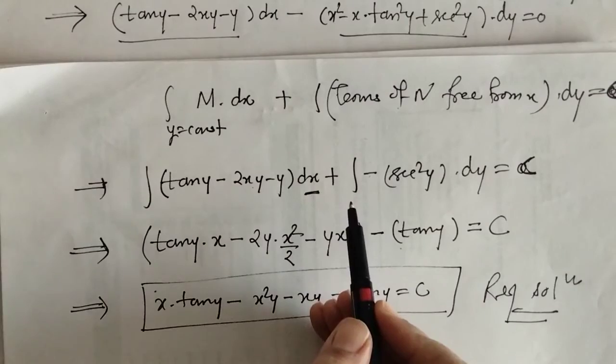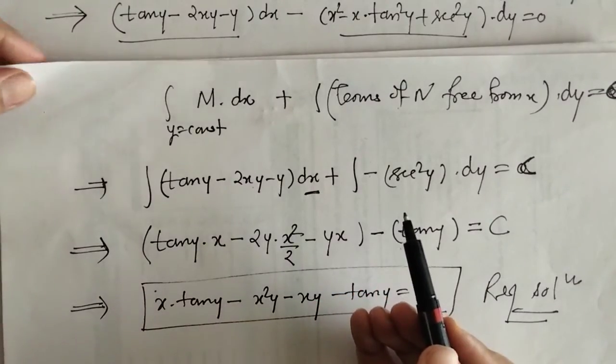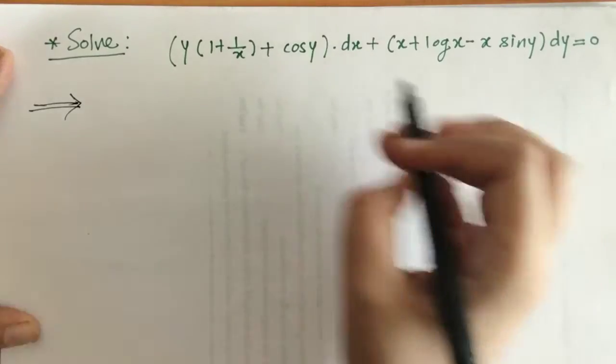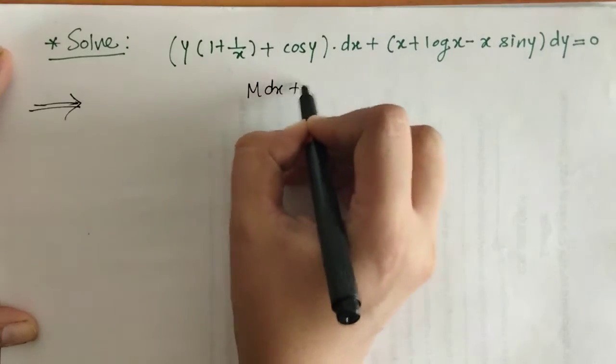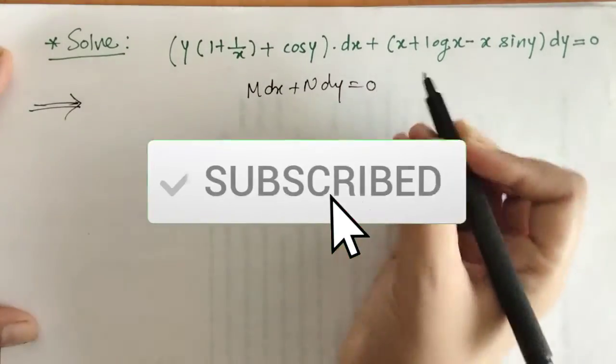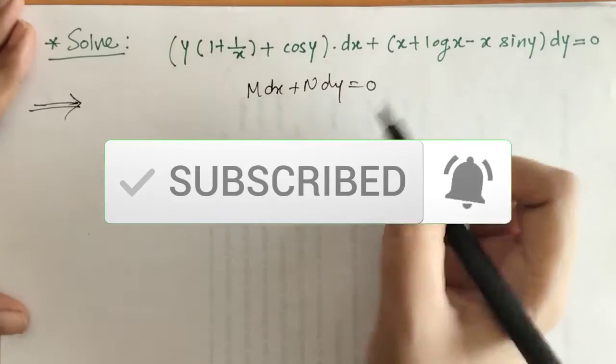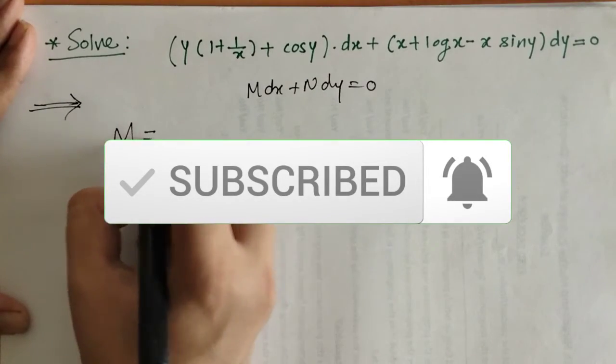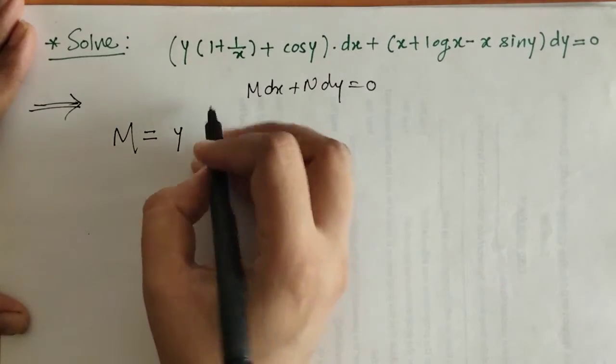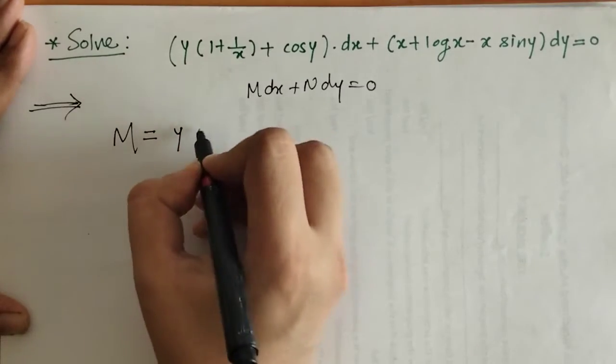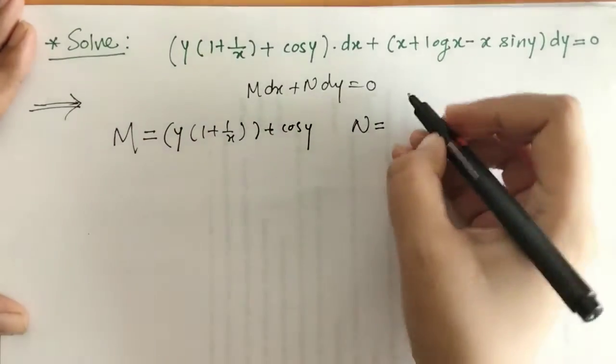So similarly, we will solve the next example. Yes, we can check that this is of this form, M dx plus N dy is equal to 0, right? So what is the value of M here? We will write down M. What is N?